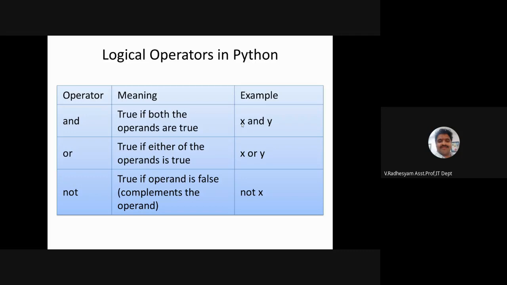Suppose you are checking whether an entered character is a vowel or consonant.